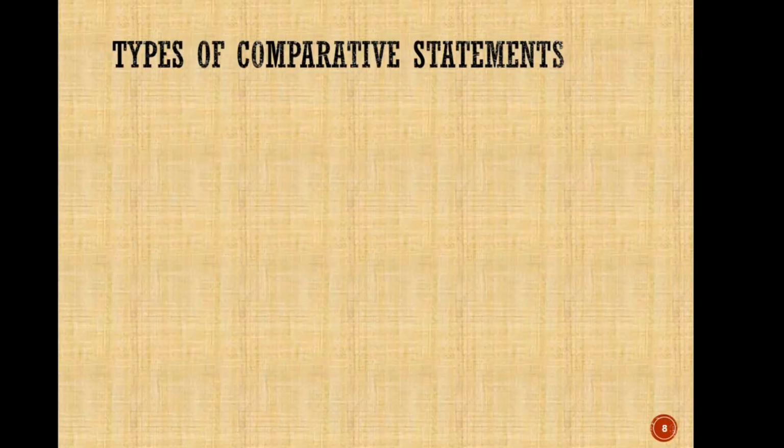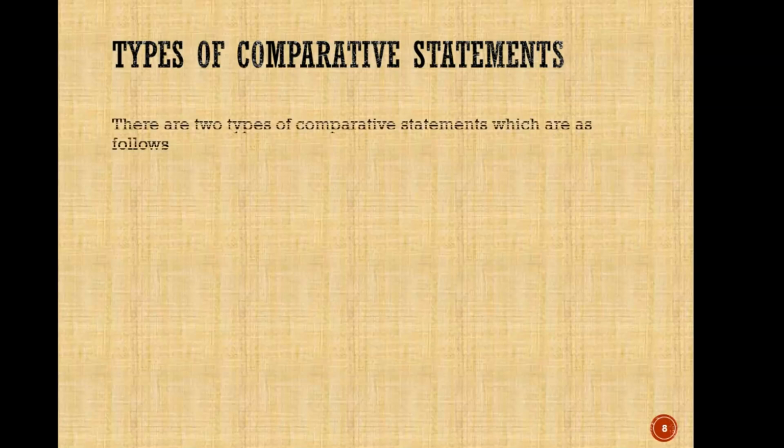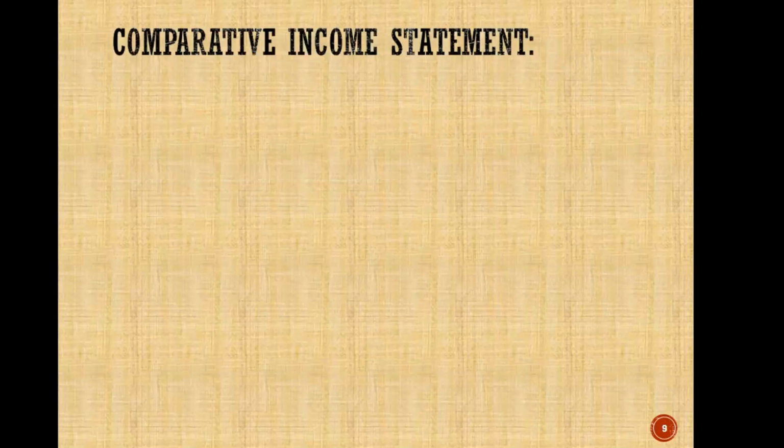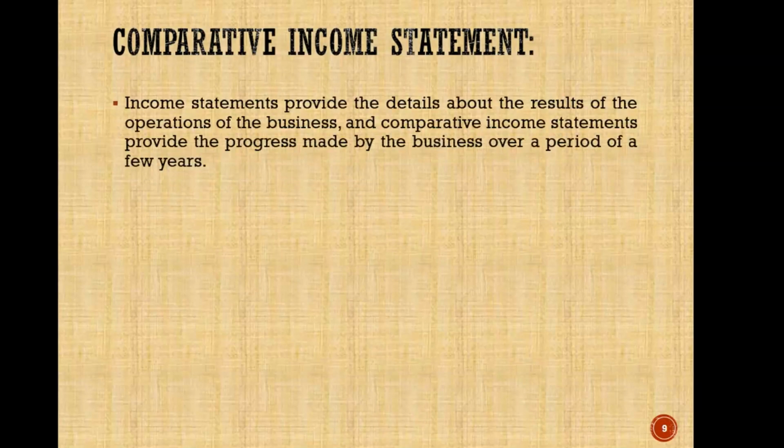Types of comparative statements. Two types are there. First is comparative income statement and second is comparative balance sheet. So let us see comparative income statement. Income statement provides the detailed information about the results of the operations of the business.